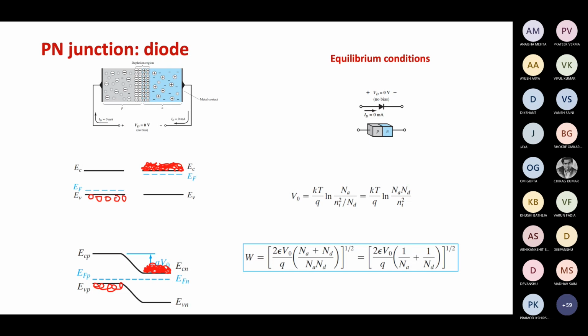If we visualize the whole movement as electron movement in this band diagram, it means that if a hole is going from EVP to EVN, it is equivalent to saying that an electron is going from EVN to EVP, and it is still a hill for this electron. It is a barrier for this electron to move. Okay, sir.